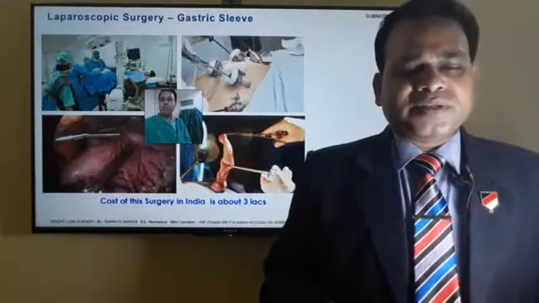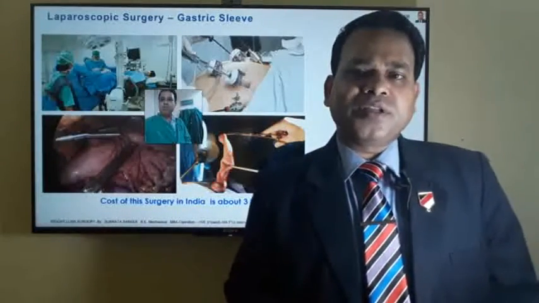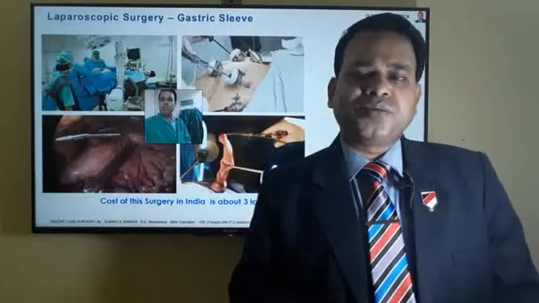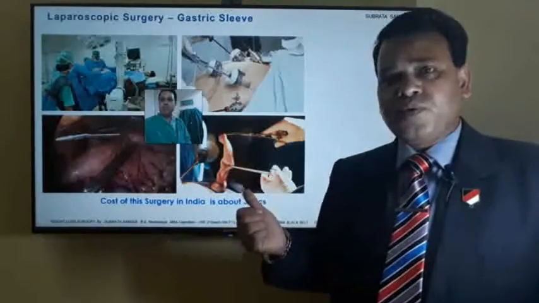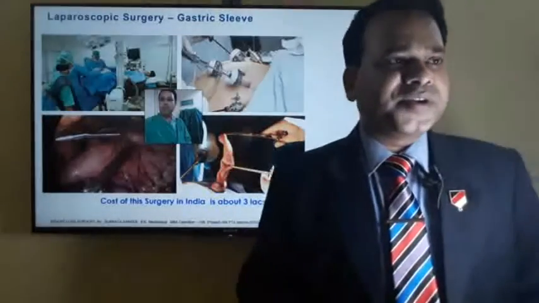It is a laparoscopic process, with special stapling tools that cut and stitch the stomach at the same time. You can see in this picture how the stomach gets removed through one port of the surgery.